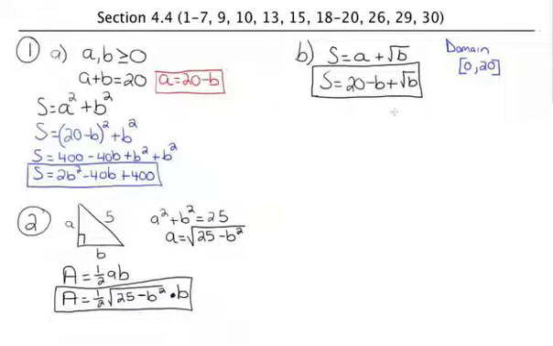Alright, so now it's just a matter of taking the derivative and then doing the first derivative test. So the derivative of s is going to be negative 1 plus 1/2 b to the negative 1/2. And let's clean this up and call it negative 1 plus 1/2 square root of b. So that's my derivative.